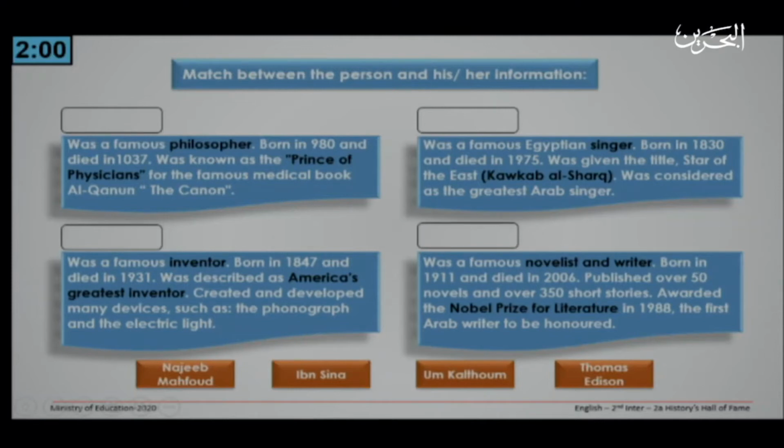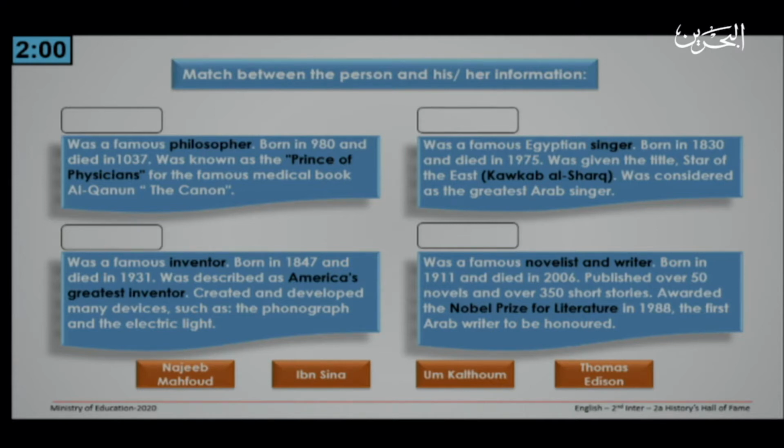Match between the person and his or her information. We have 4 famous people. Which piece of information do you think matches each one? Let's look at the pieces of information.